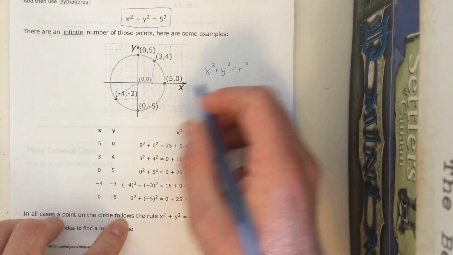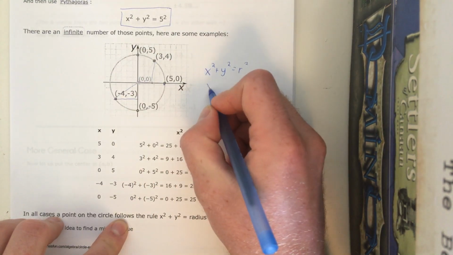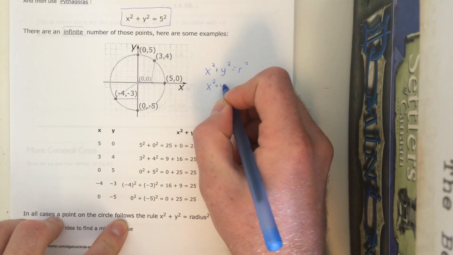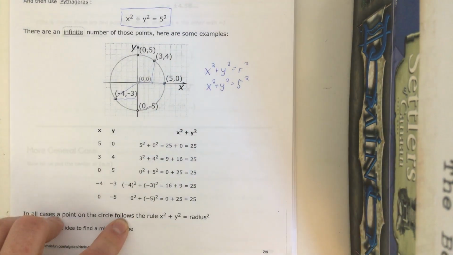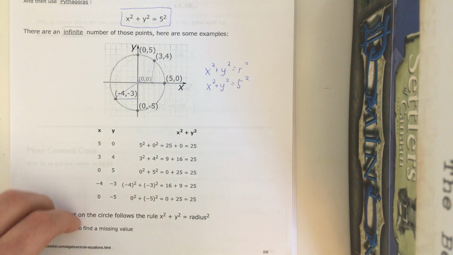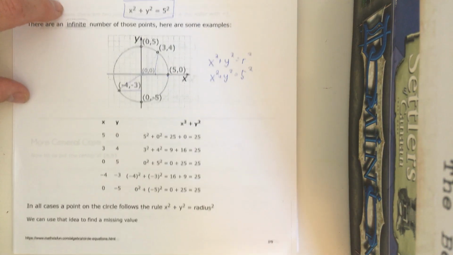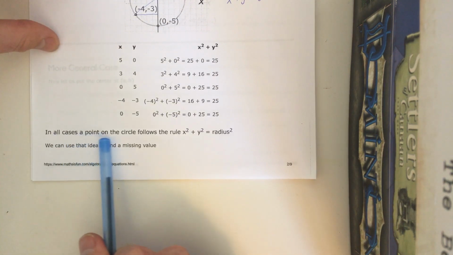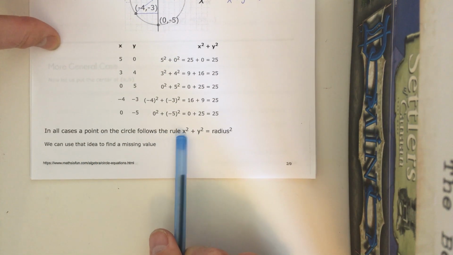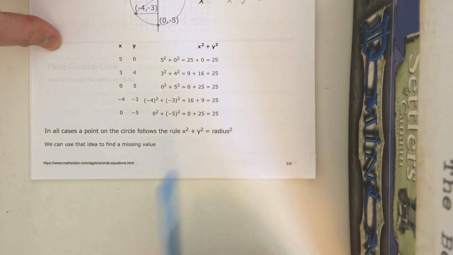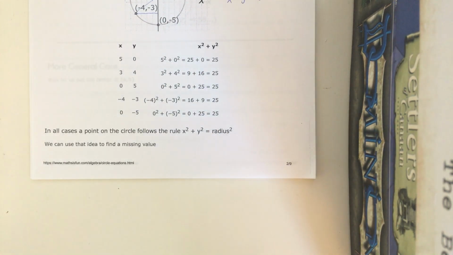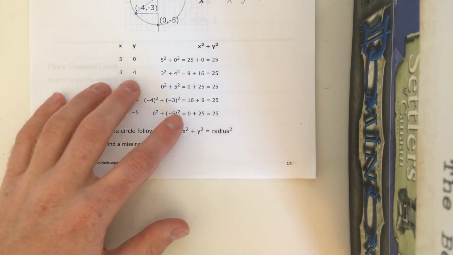In this case, the radius is 5. So the x squared plus y squared is equal to 5 squared. Okay, in all cases, a point on the circle follows the rule that x squared plus y squared is equal to the radius squared. That's one of the key points of this lesson.